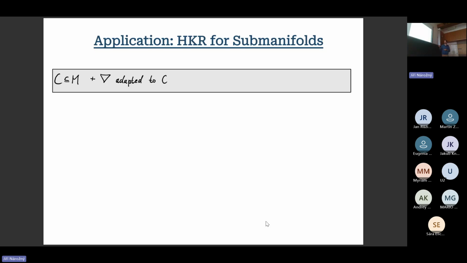We start with an additional embedded closed submanifold C of our manifold M. We always chose a covariant derivative. Now we want this covariant derivative to be adapted to the submanifold, meaning that when we restrict it to the submanifold, it is again a covariant derivative on the submanifold.